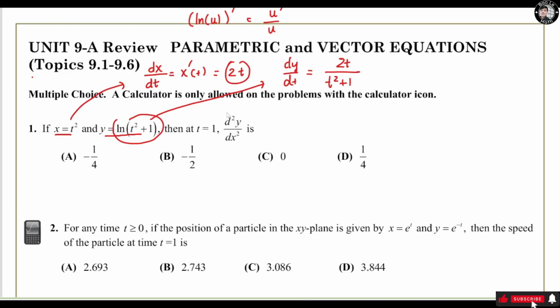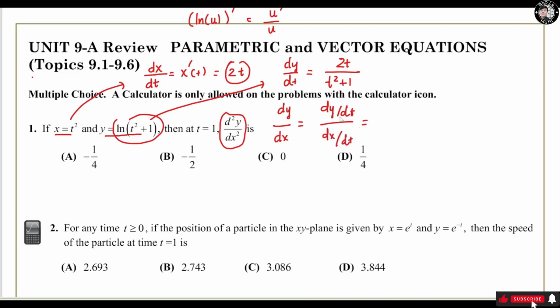Now, in order to find the second derivative, we need to find the first derivative. So we have dy over dx equals dy over dt divided by dx over dt.